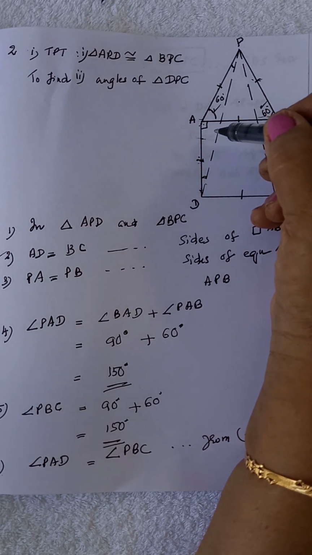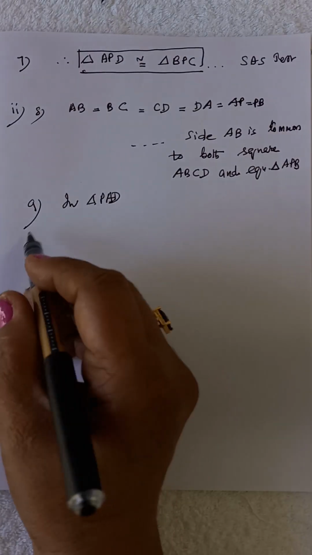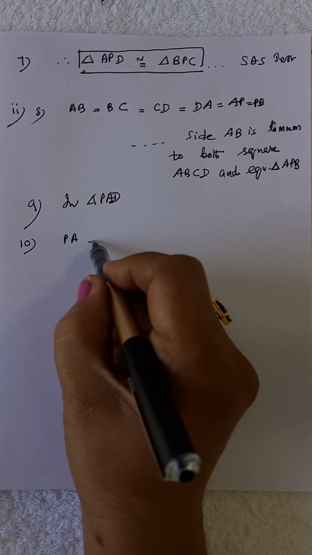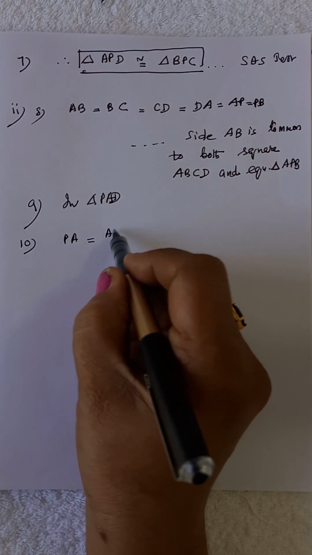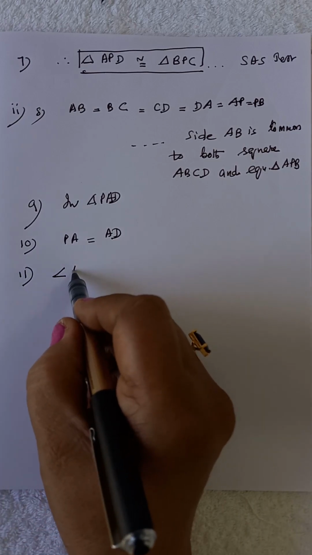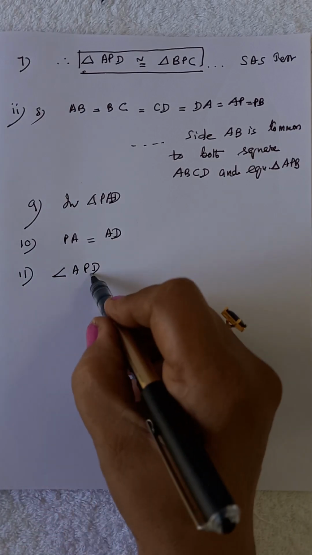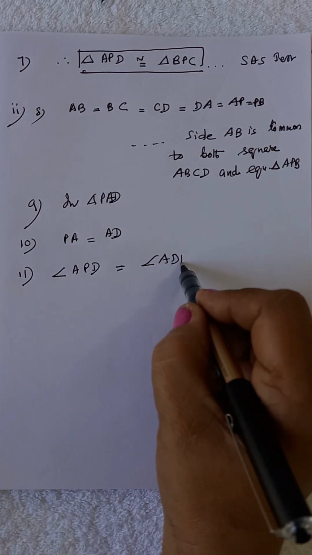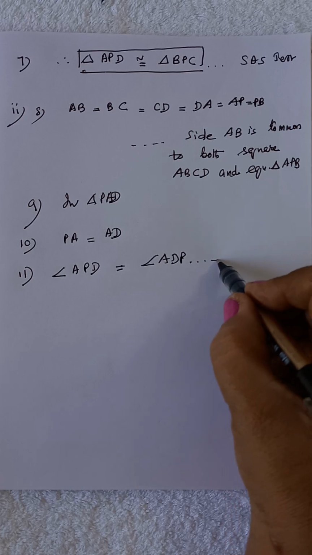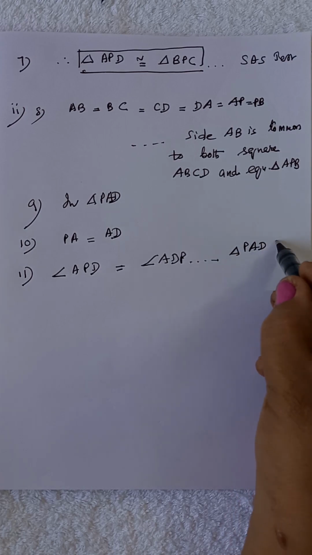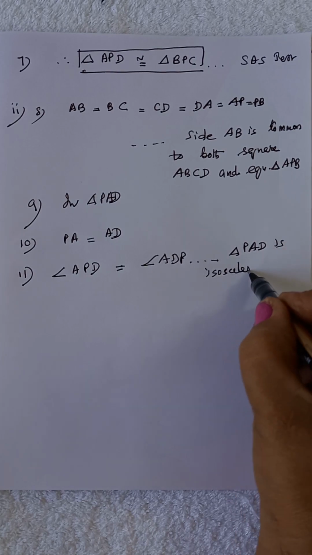So we can write 10th point as PA is equal to AD. Then 11th, angle APD is equal to angle ADP. What is the reason? Reason is triangle PAD is isosceles triangle.